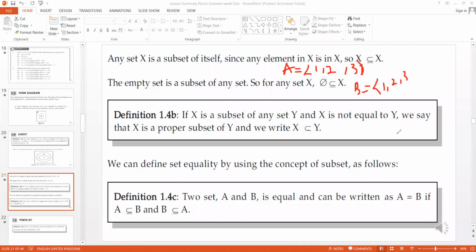If we are plotting this on the Venn diagram, both A and B have 1, 2, 3.